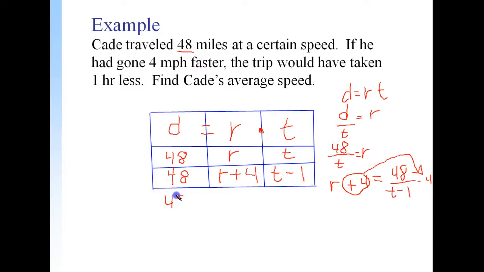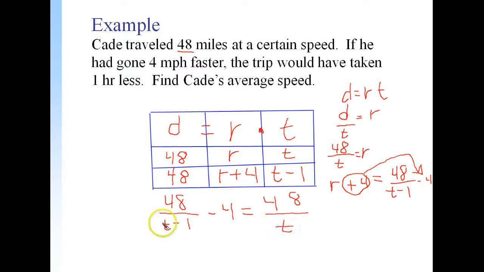48 over t minus 1 minus 4 equals this rate, which is 48 over t.